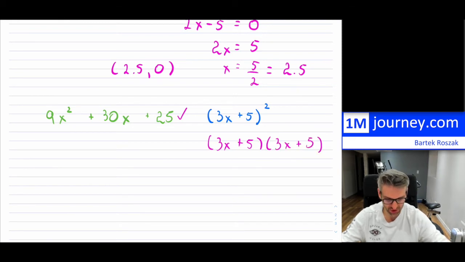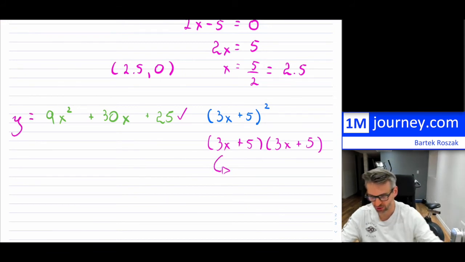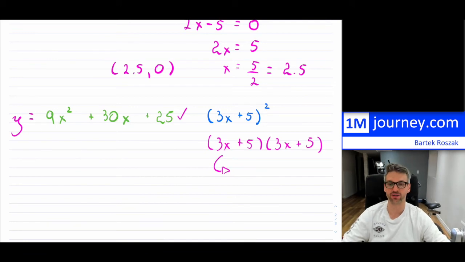That's what the perfect square is. Now here, if I set y equal to this, I have a relationship like this, and I can start thinking of what will happen. What does this mean? That the graph will cross the x-axis, I guess, in two places. It has two roots because it's a quadratic.